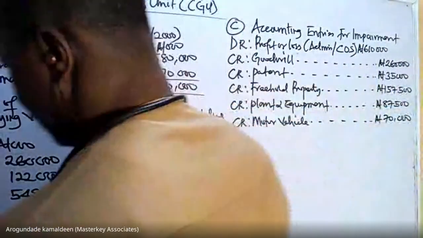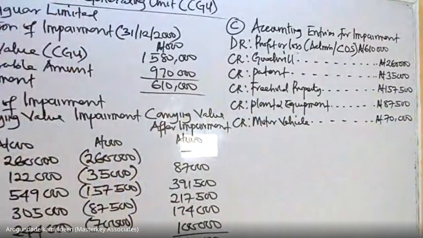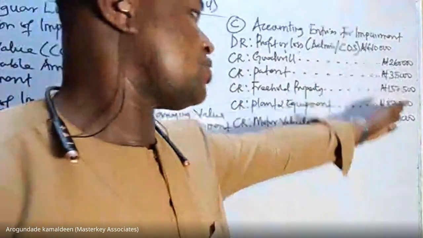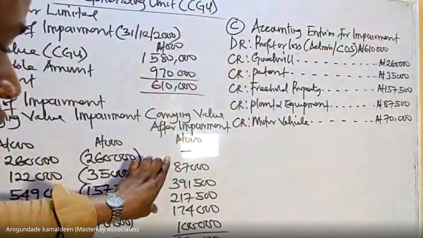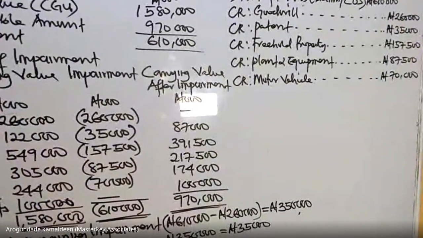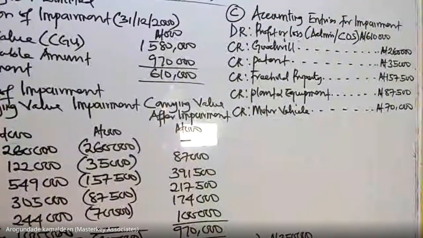That is the end of the question. So you are going to reduce all these assets by their what? So these are the carrying value now that will appear in the statement of financial position as the value of the asset. Exactly.